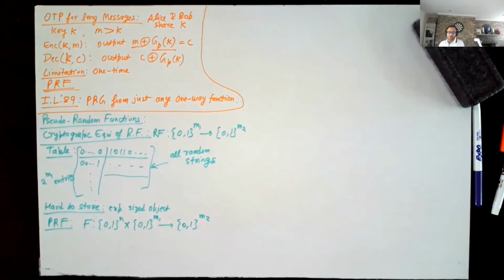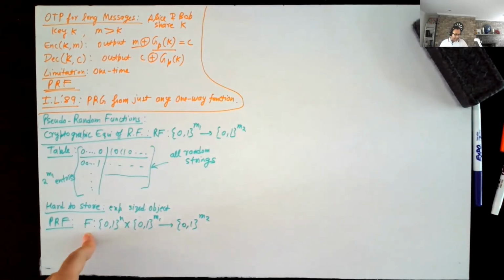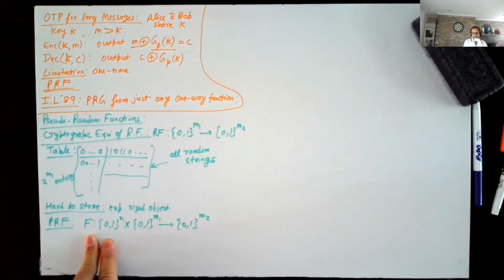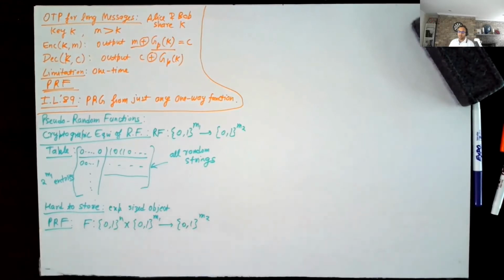The key is supposed to be secret. It will stay secret with whoever generates it. Then anybody can query this function f. And anybody who queries either a random function or this pseudo-random function cannot tell the difference between these two.